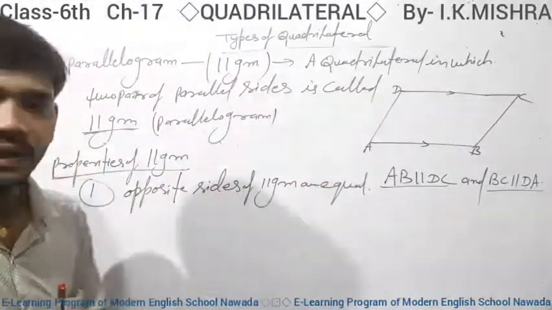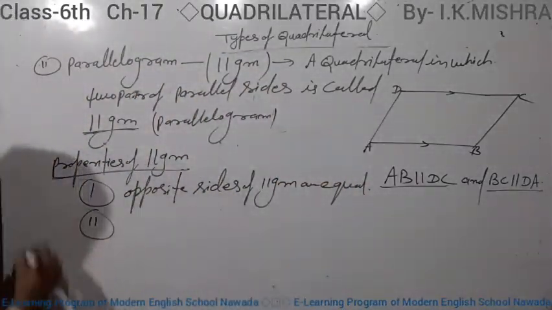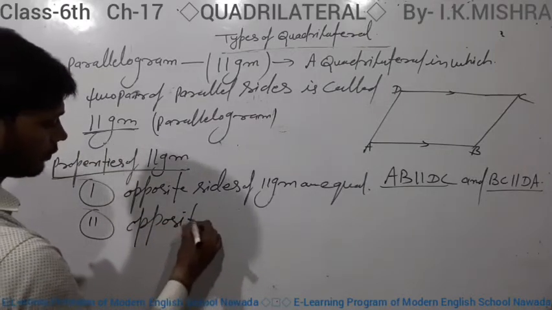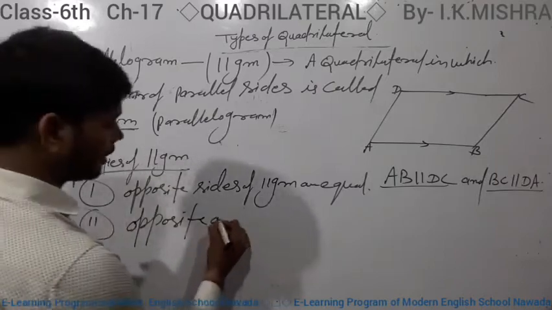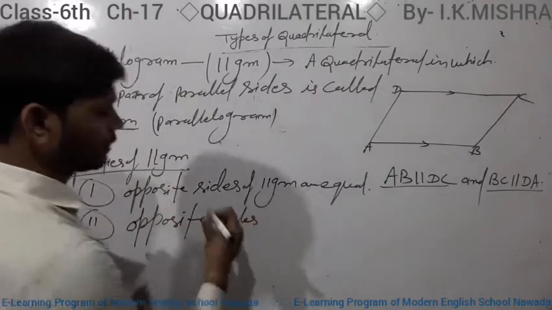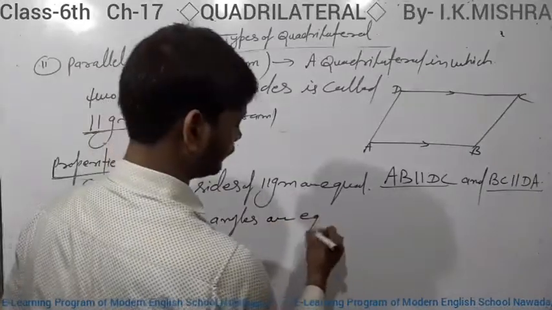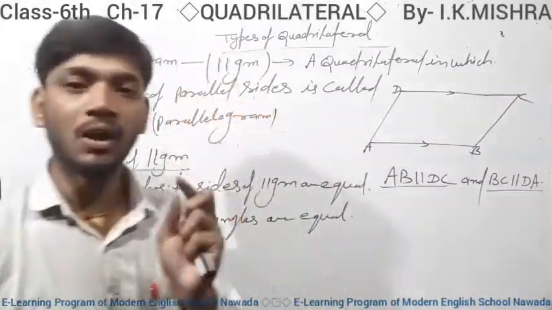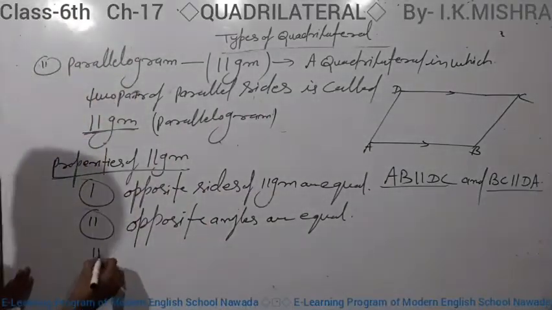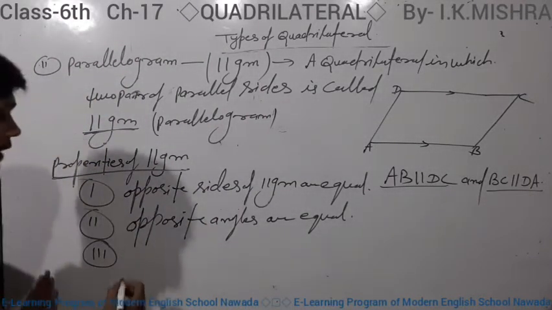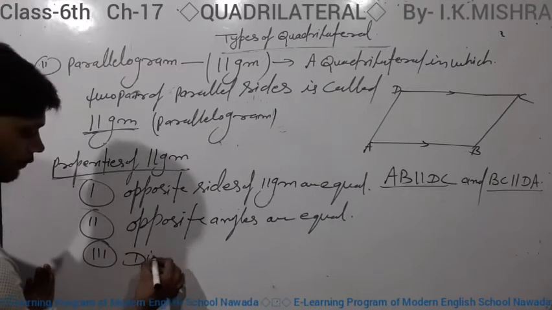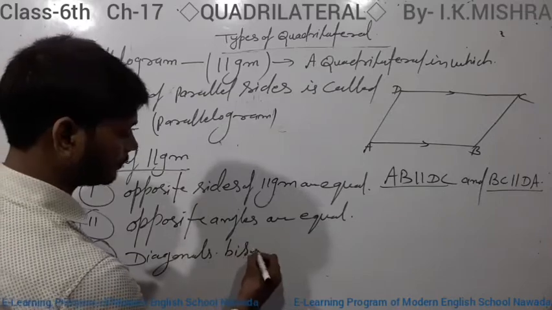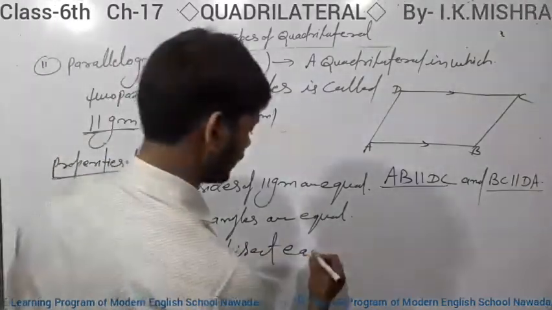Opposite sides are always equal. Second, opposite angles are equal. That means the measurement of opposite angles is always equal. And third, it's very important, diagonals bisect each other.